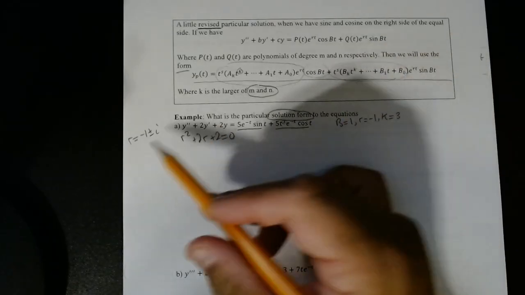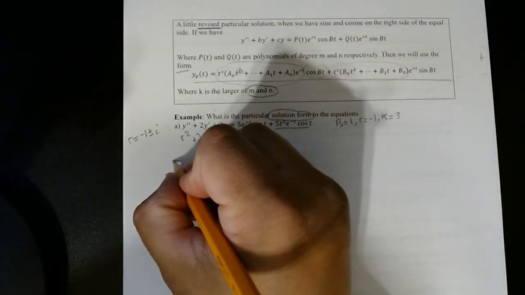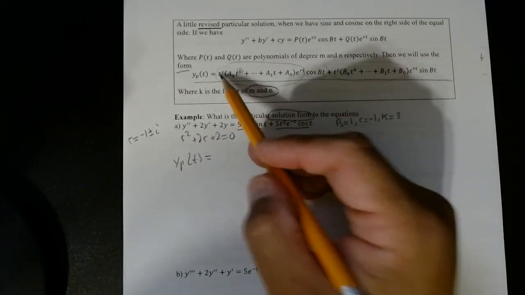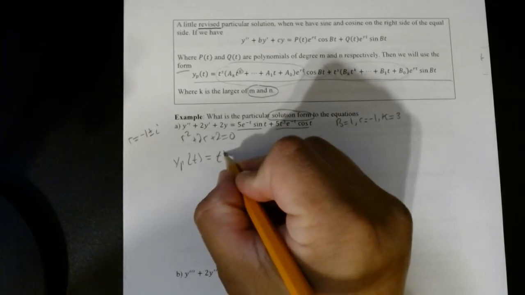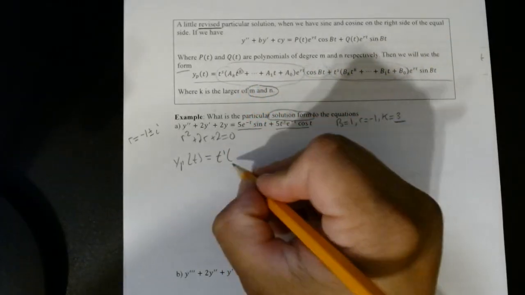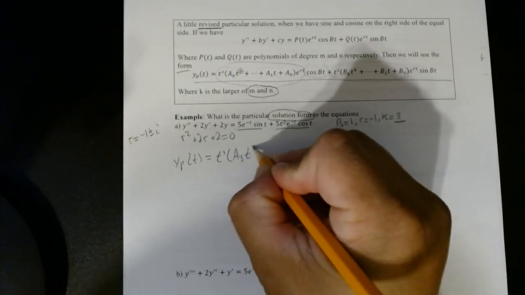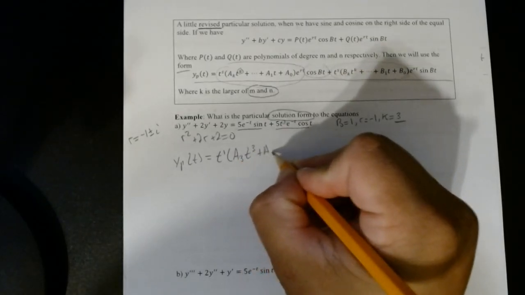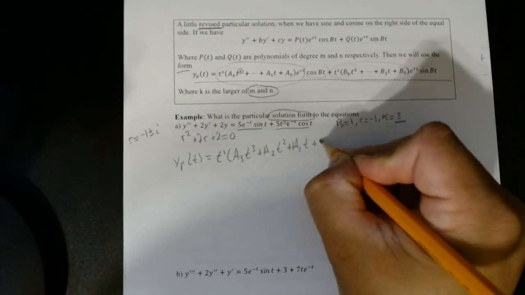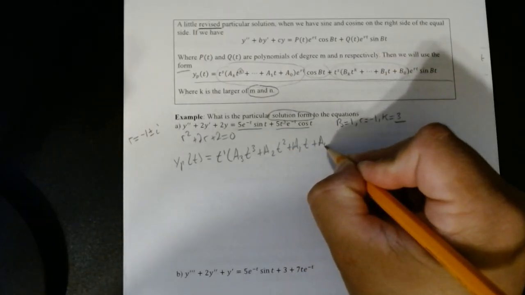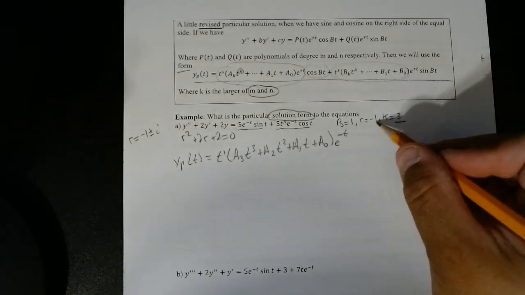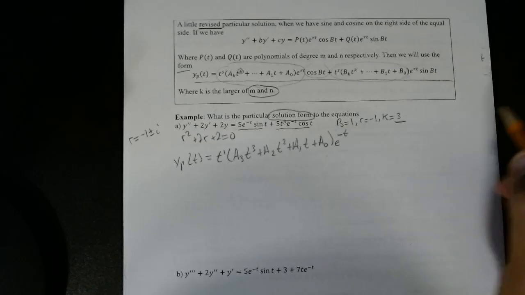So since this is a solution, it's going to be a 1. And since k is 3, we go to 3, 2, 1, 0. Negative 1 because of the r, and then just rinse and repeat for the sine part.